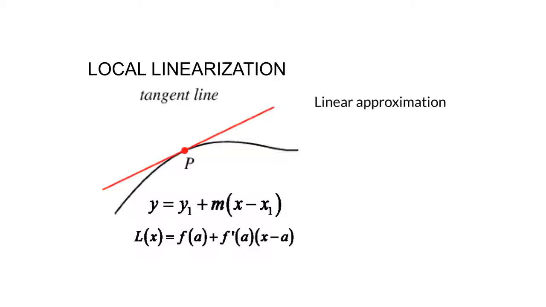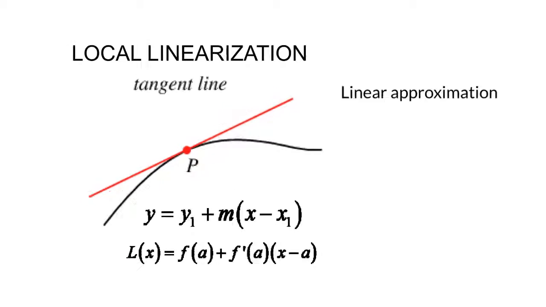Well, the idea behind linear approximation is that if I were to zoom in really, really close onto this thing, while I don't necessarily know what's going on anywhere else in the function, if I were to choose some other x that's really, really close to the x that I did my tangent line at, and plug a value into my tangent line, it would give me this point right here.